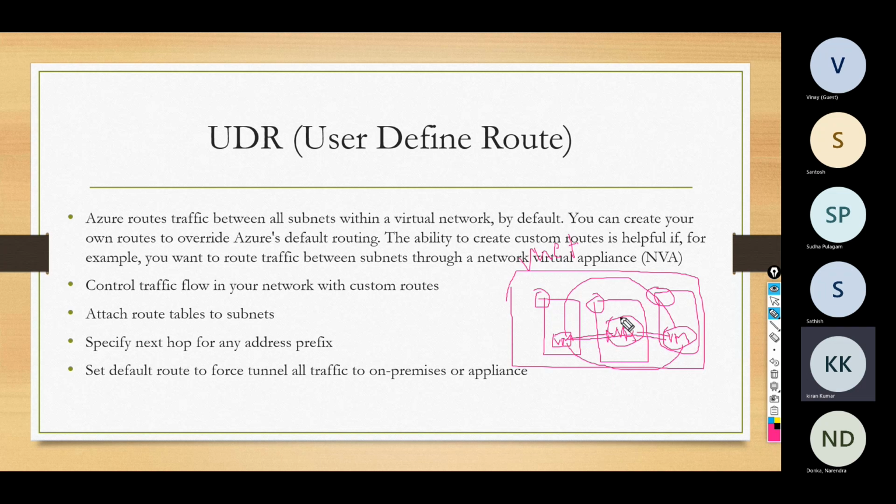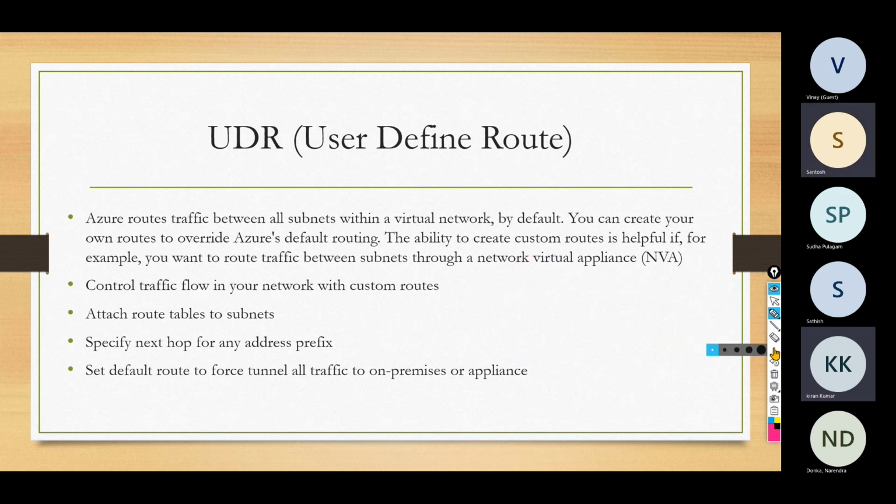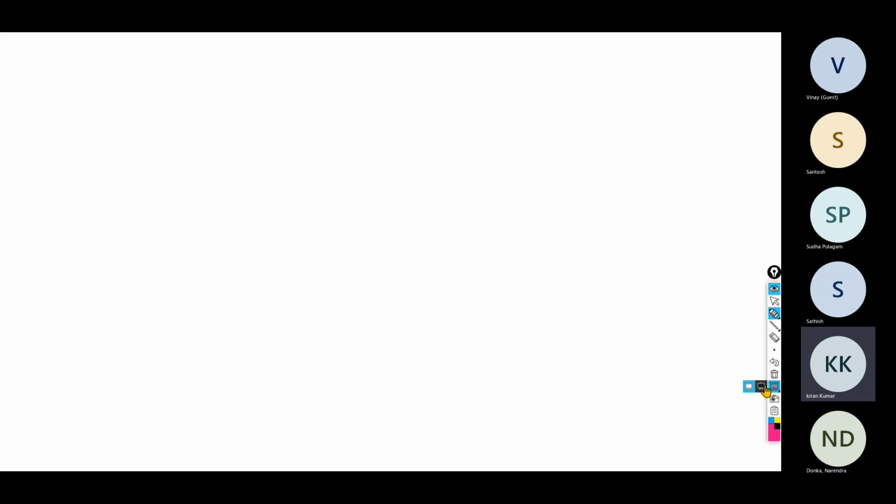So totally the traffic is flowing this way. I will clearly show you how the traffic flows before implementing the route tables and after implementing them. That is what I'm going to show you in the practical, guys. And yes, Kiran, I will also give you the practice. As of now, we discussed hub and spoke topology and routing.